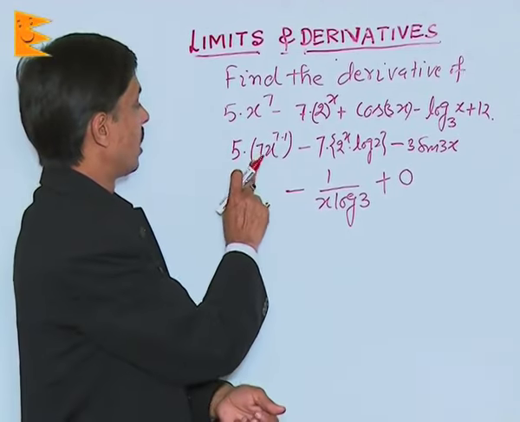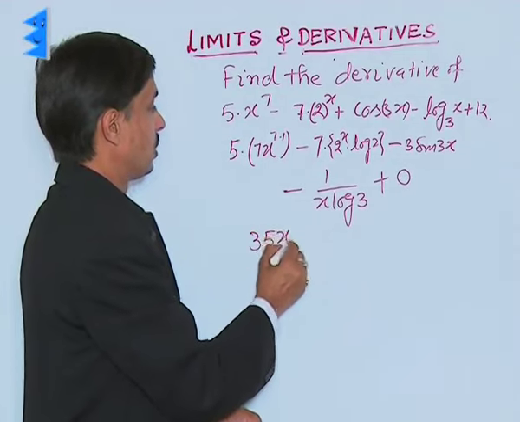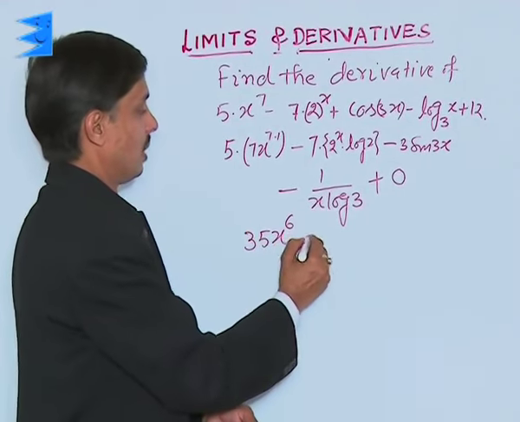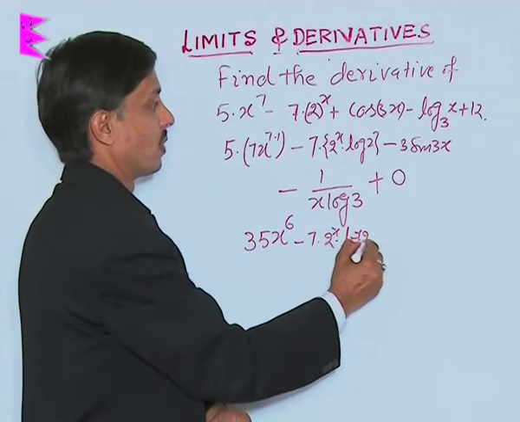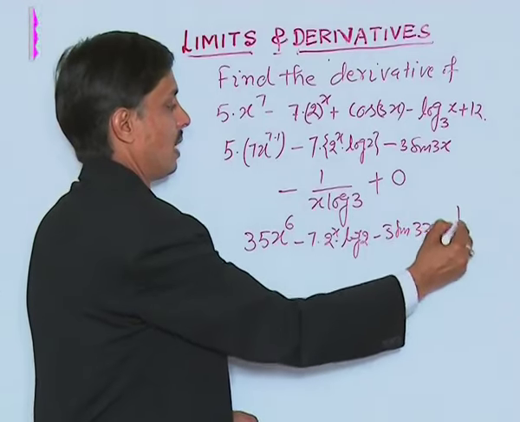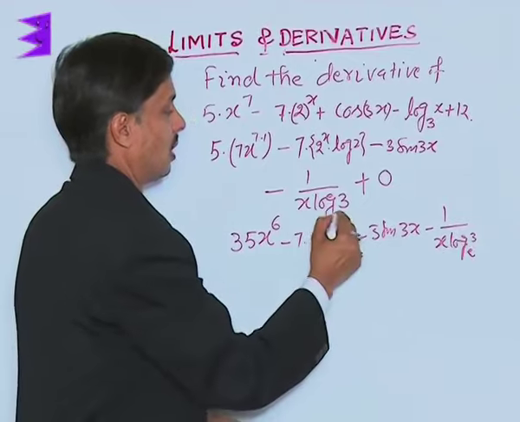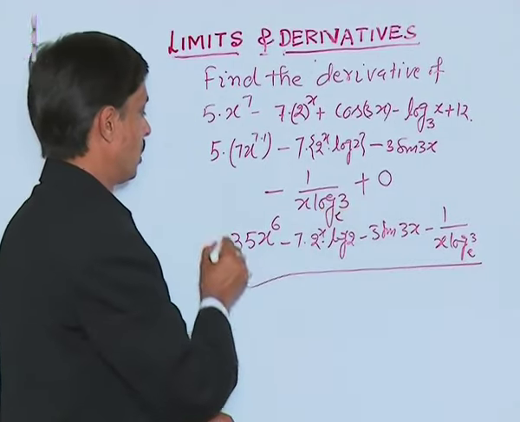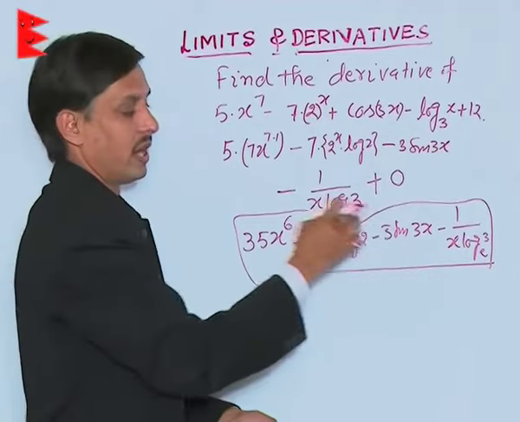Hence we can conclude it is 7 into 5 is 35x raised to the power 6, minus 7 into 2 to the power x into log 2, minus 3 sin 3x, minus 1 upon x log 3 under the base e. This is the value of the derivative of the required problem.